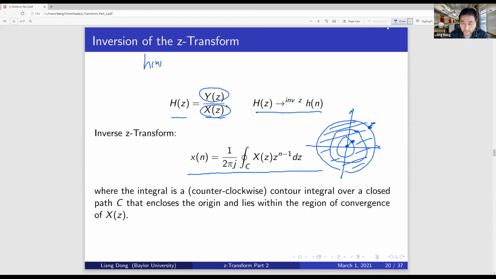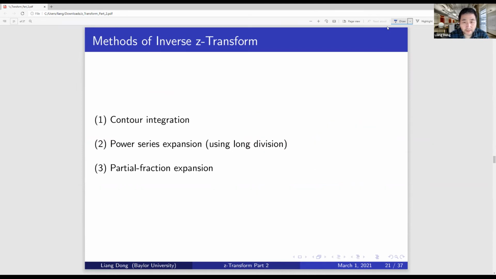You take all these z values on your path, do this integration, and you will find the inverse Z transform. That's a little involved because we really don't want to do an integration in the complex domain, so let's see what other methods we can use.